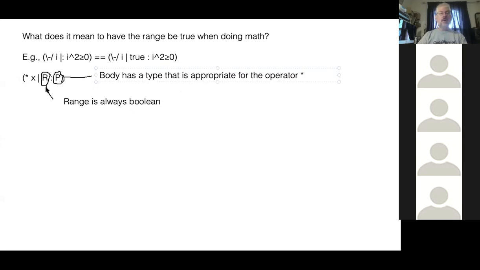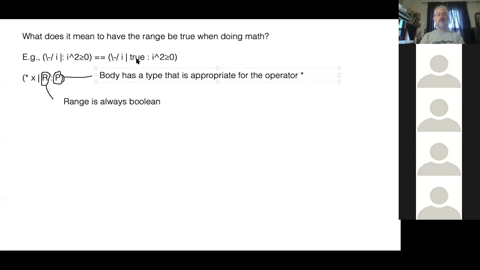And so the range is saying which values of the variable x in this case, i in this case, are we going to look at? And it's the values that make the range true. Well, any value makes true, true, right? Every value of i makes true, true, because true doesn't depend on i, right?